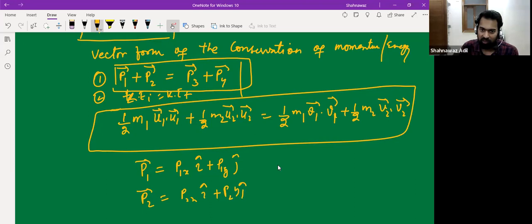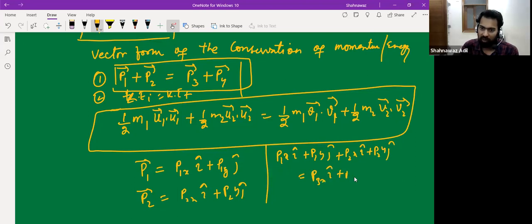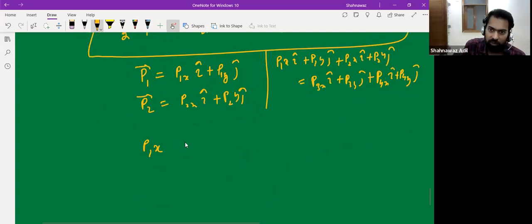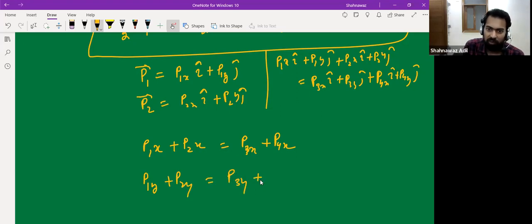When you compare, P1x i hat plus P1y j hat plus P2x i hat plus P2y j hat equals P3x i hat plus P3y j hat plus P4x i hat plus P4y j hat. So P1x plus P2x will be equal to P3x plus P4x, and P1y plus P2y will be equal to P3y plus P4y.